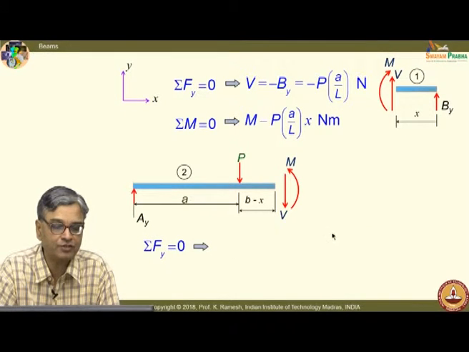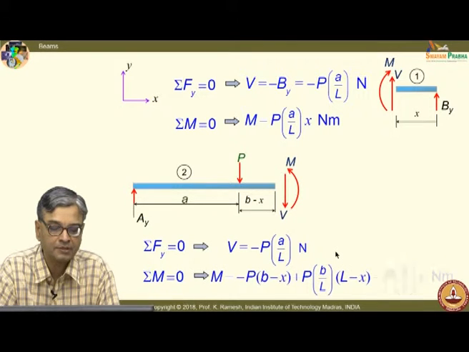I put sigma Fi equal to 0. So, I get V equal to minus Pa by L newtons, and I write this moment as minus P into (b minus x). It is anti-clockwise, so I should put it as positive, but I think I have put it in the other direction.